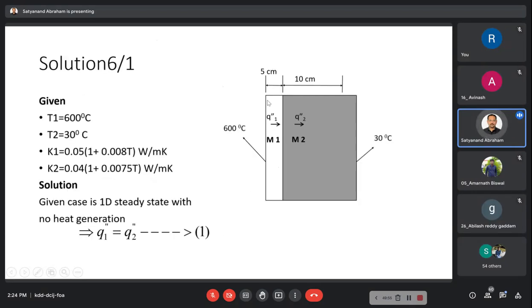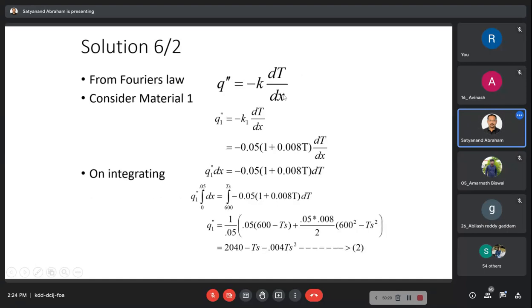First we integrate for material one, for its thickness of 5 centimeter or 0.05 meter, temperature from 600 to the interface temperature, and length from 0 to 0.05 meter.